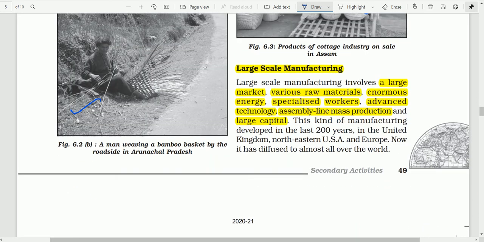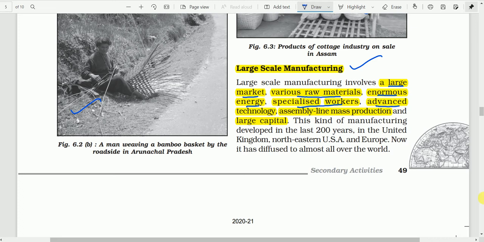Then we have the third type of industries based on size, that is large scale manufacturing. So large scale manufacturing involves a large market, a big market, various raw materials, enormous energy, specialized workers, and division of labor. In the previous class, we discussed the characteristics of large scale manufacturing, so please recollect.